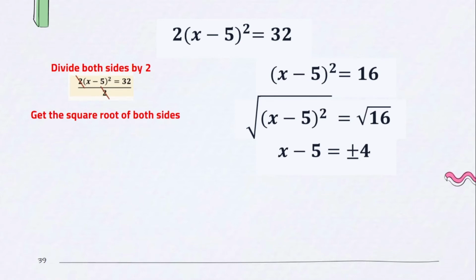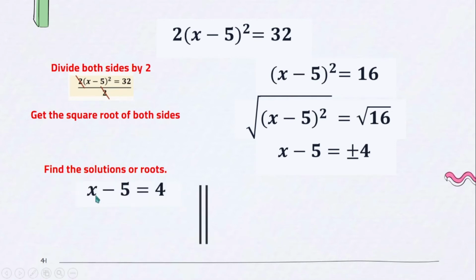Since 4 may be positive or negative, we will have two equations. The first equation is x minus 5 is equal to 4. So we will solve for x. That will become x is equal to 4 plus 5, therefore x is equal to 9.